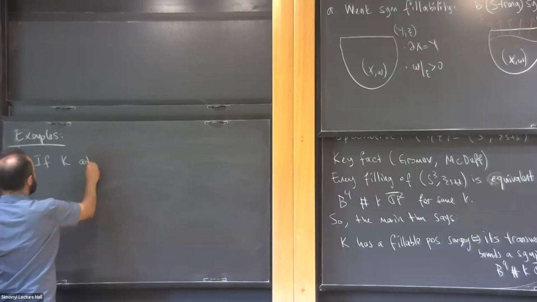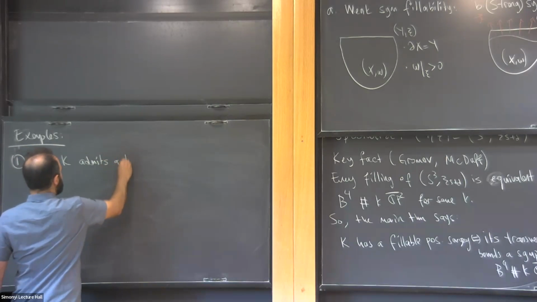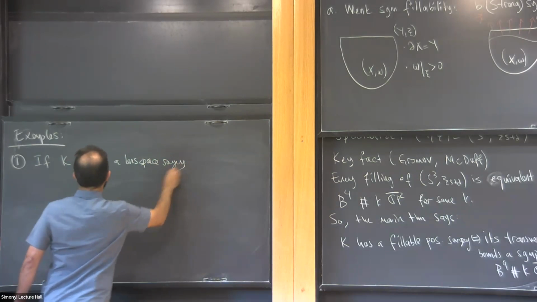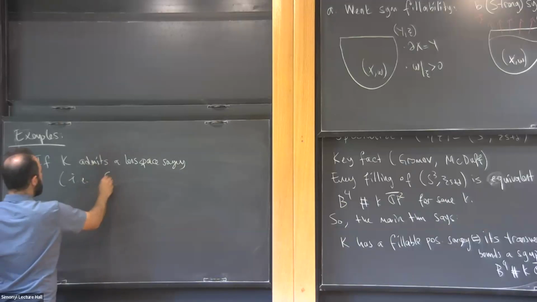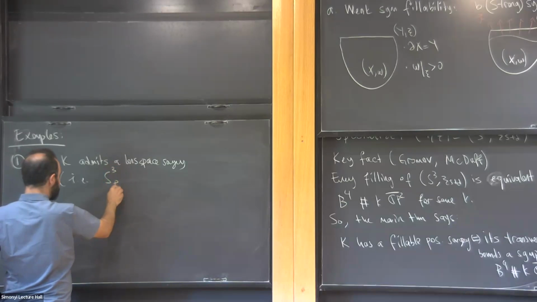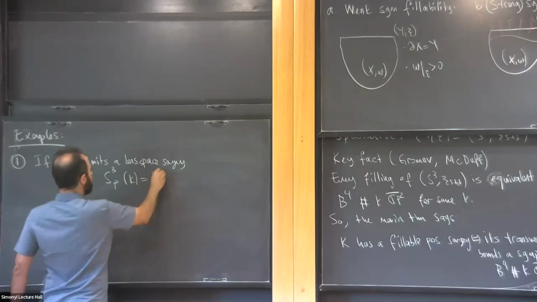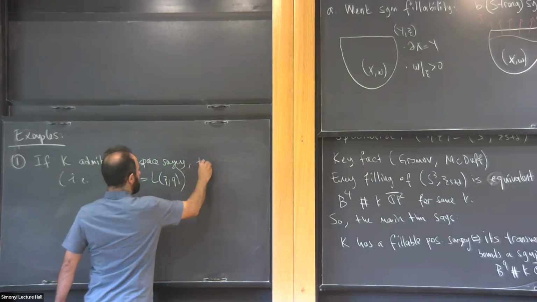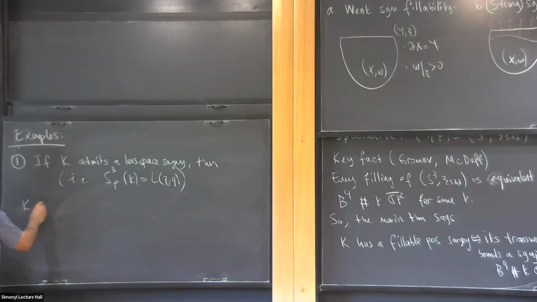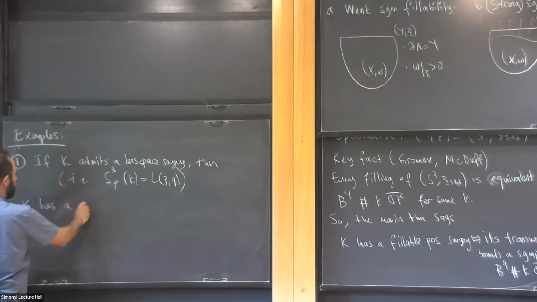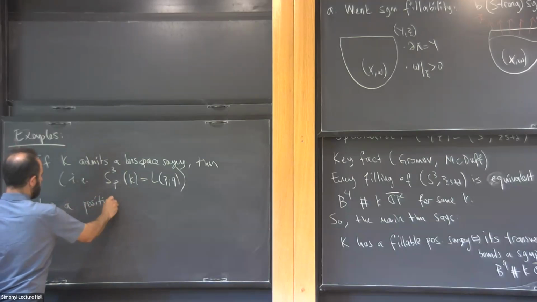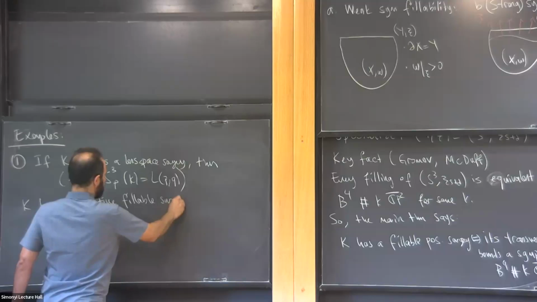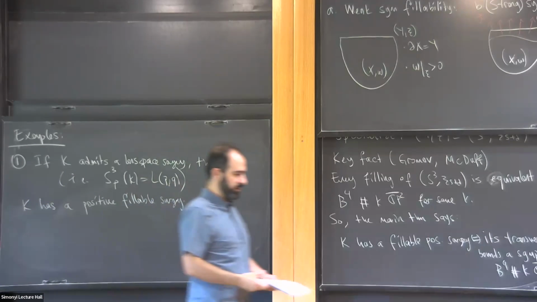If K admits an L space surgery, that means that some smooth p surgery on K is some lens space L(p,q). Okay, then K has a positive fillable surgery.